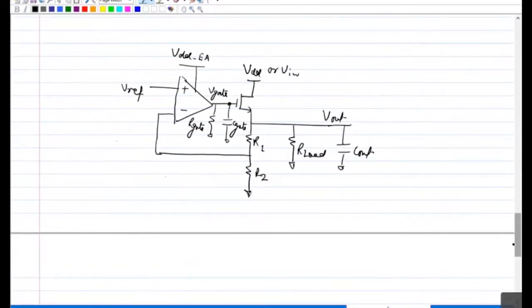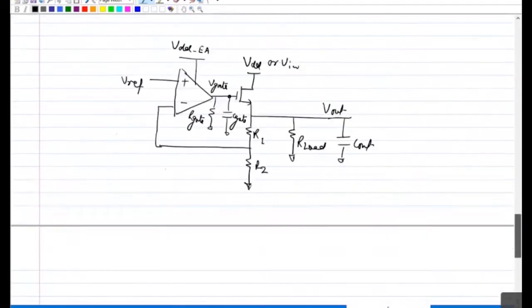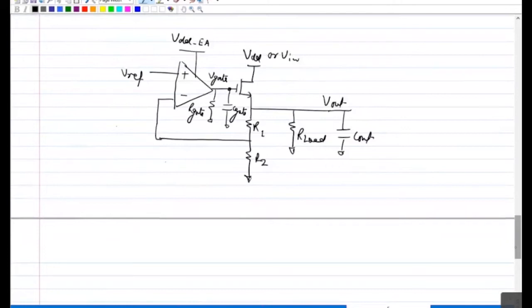So let's see the effect on output impedance. Can anybody intuitively tell what will be the DC output impedance in this?